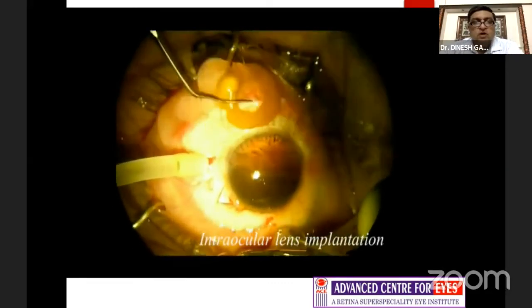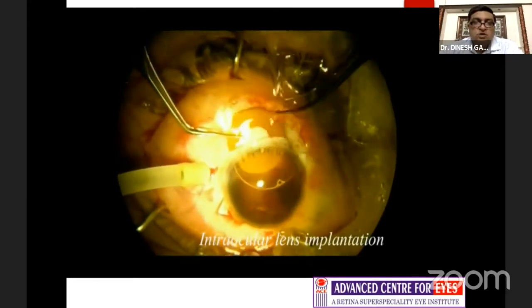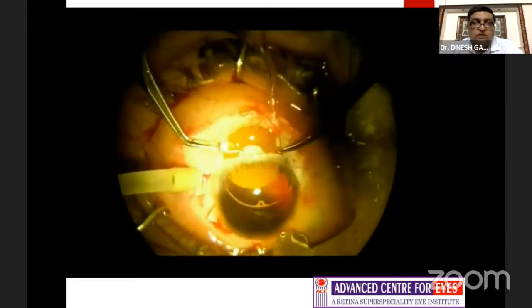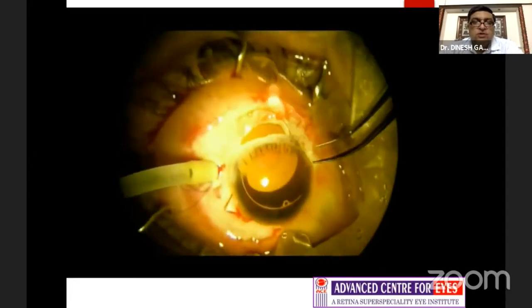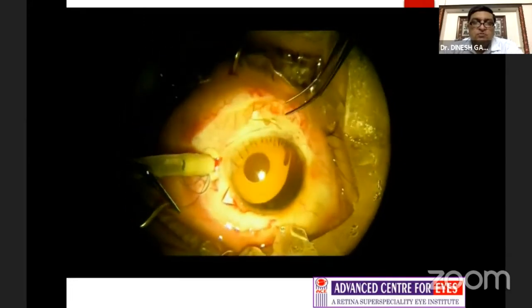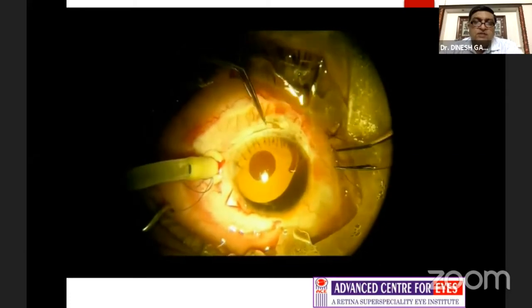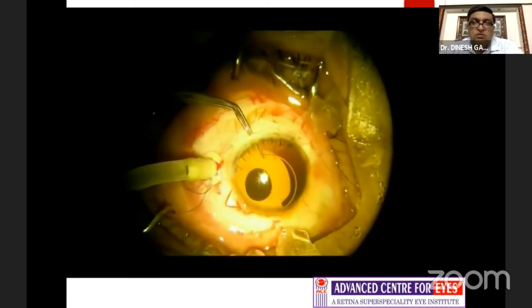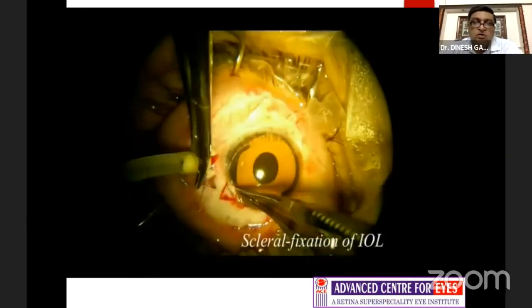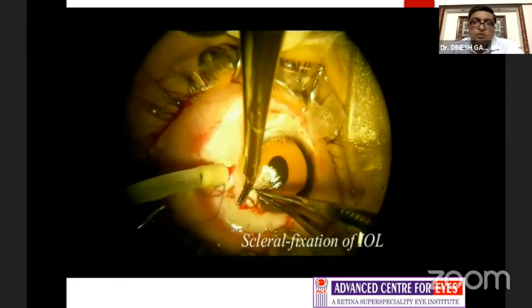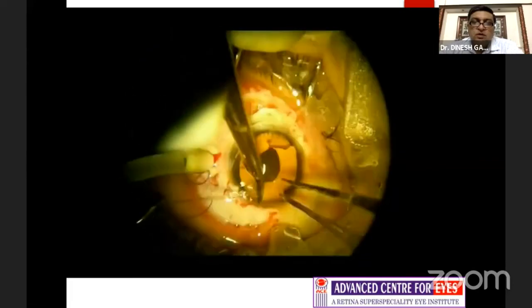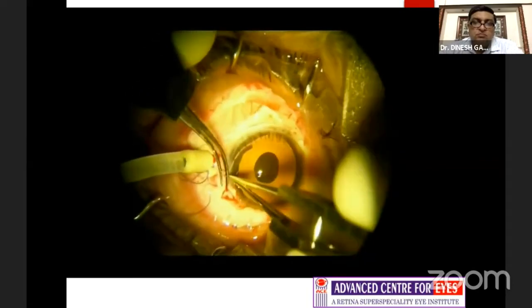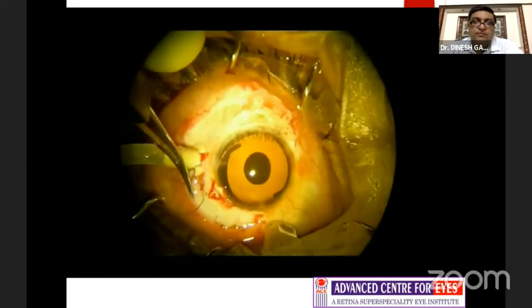Even in the last 10 years, it has not given off any color or anything. It gives a very good cosmetic appearance as well as the intraocular correction. The scleral sutures are being tied under the flaps.